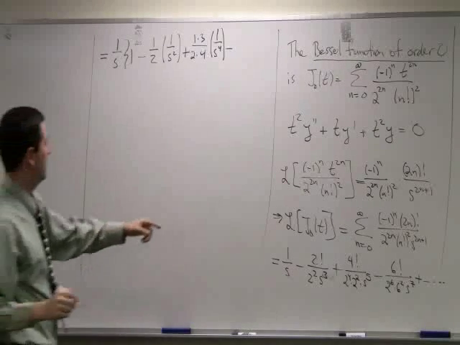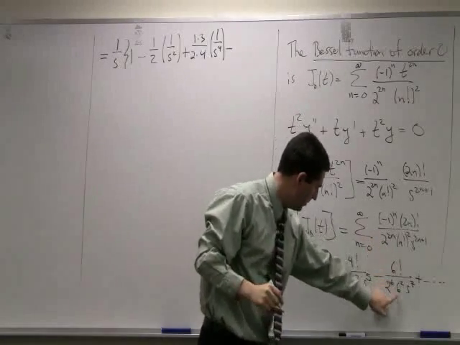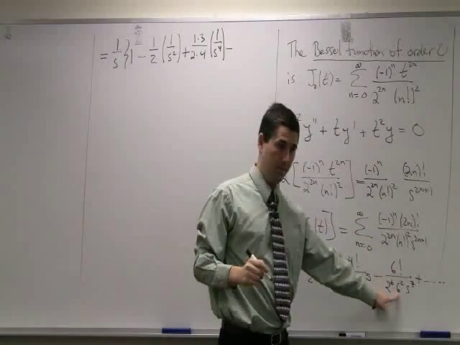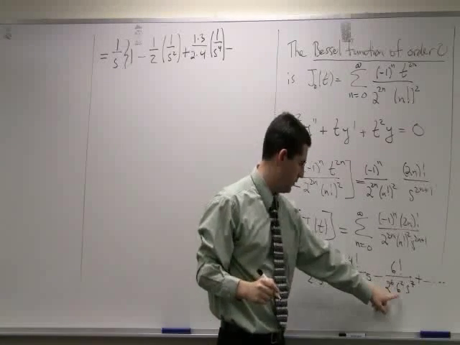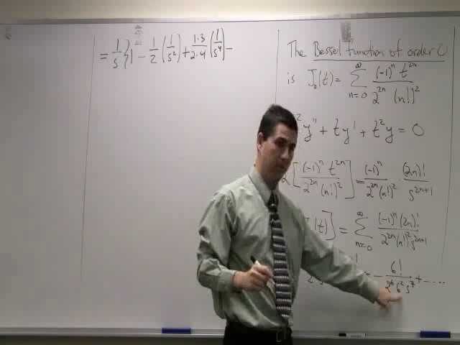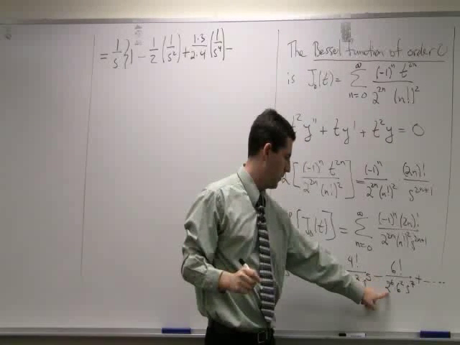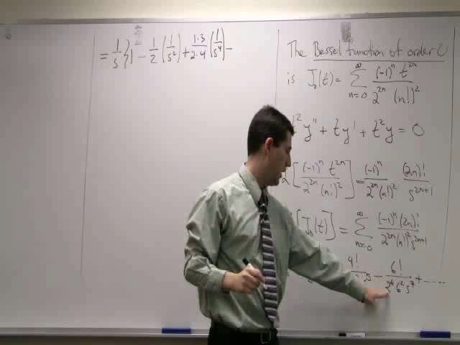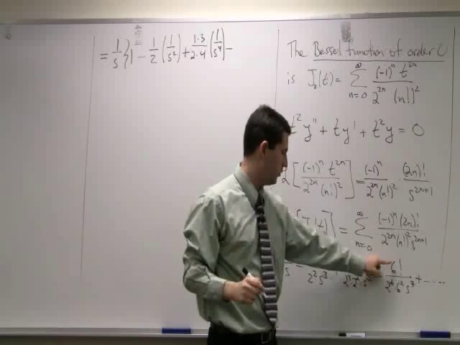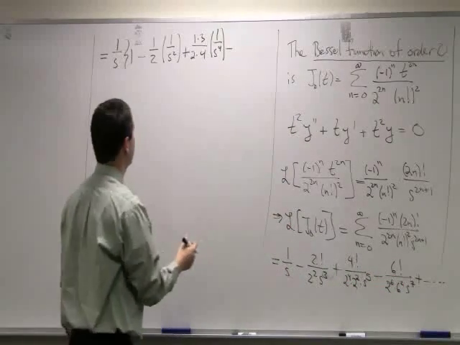Now the next one, okay, I have a 6 factorial. That 6 will cancel with one of the 6's down here. The 4, I'm going to be able to, let's see, I have a 2 from here I can cancel with, and a 2 from here I can cancel with. Another 2 I can cancel from here, so I just get left with these 4 2's on the bottom and that 1 6.